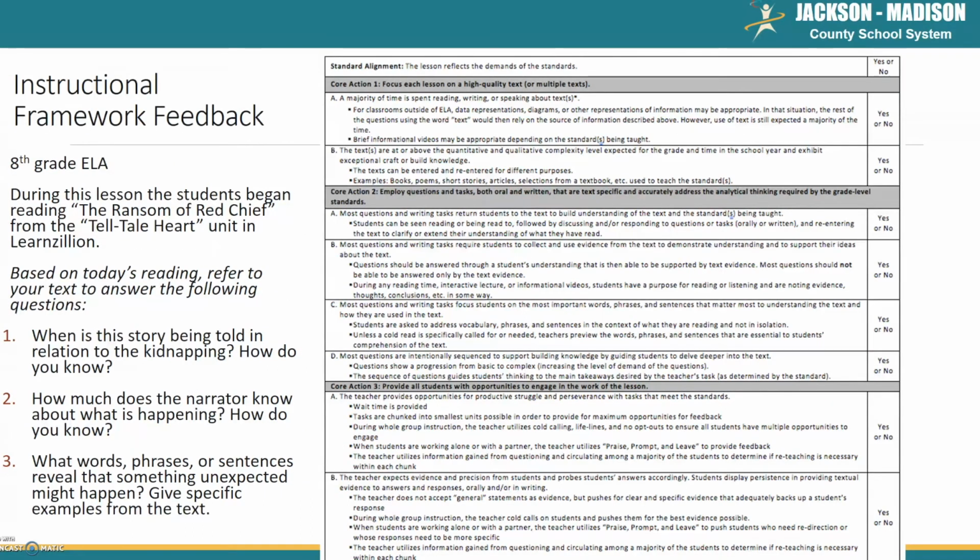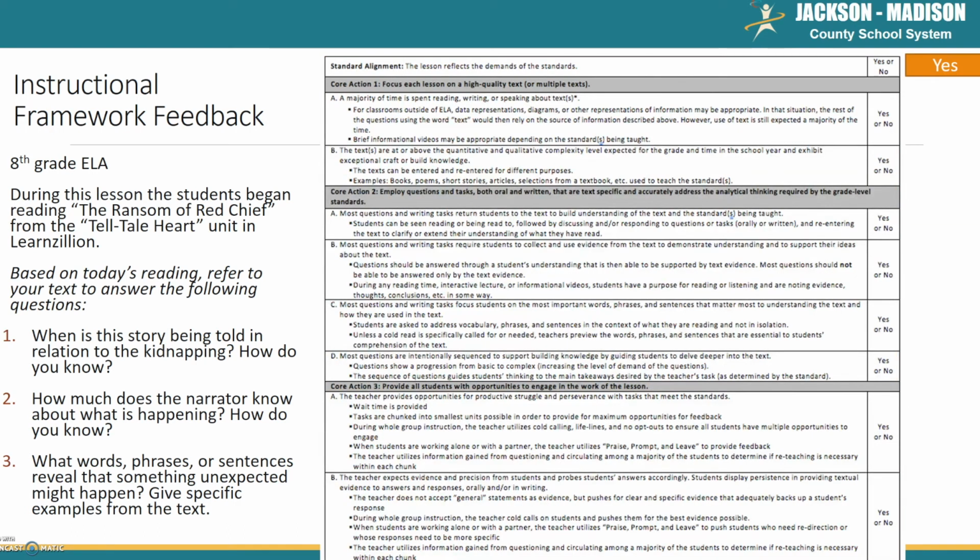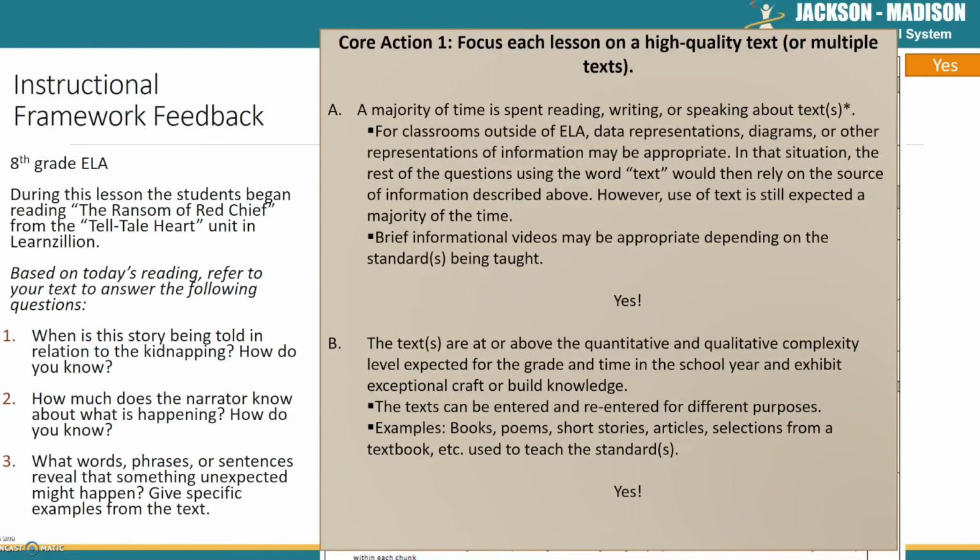We would then move to the what section of the framework. We would first want to determine if the lesson, and more specifically here the ending, reflect the demands of the standard. In this case, the answer is yes. Next, we would take a look at Core Action 1. Did the lesson focus on a high-quality text?